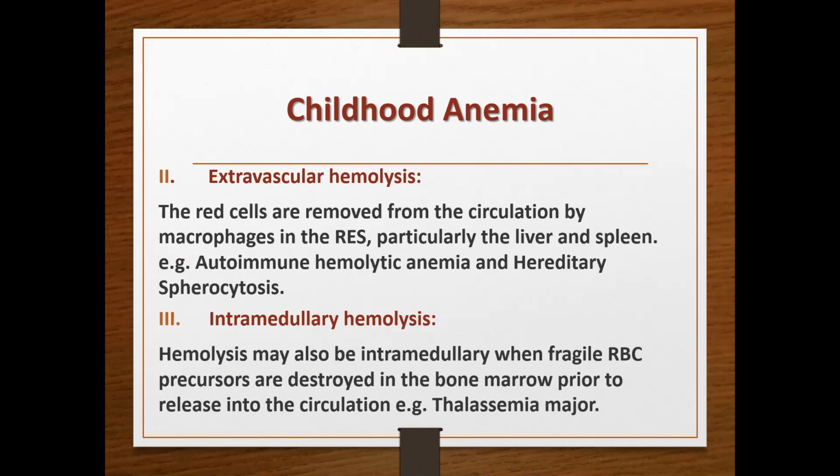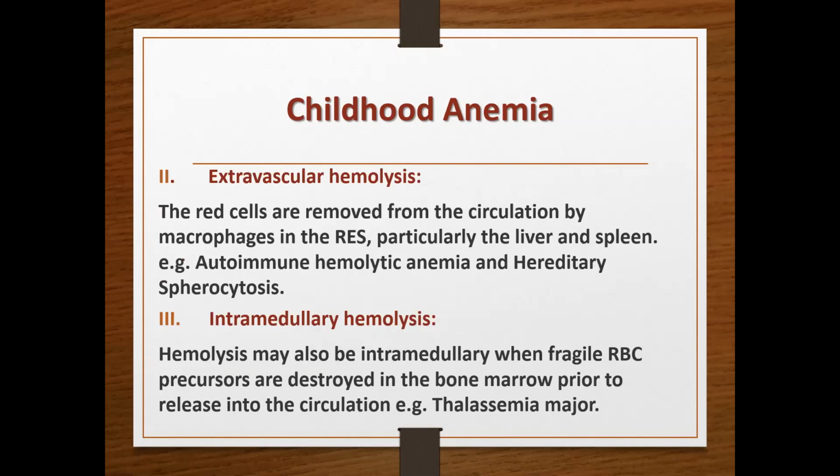Second, extravascular hemolysis. The RBC here are removed from circulation by macrophages of the reticuloendothelial system, mainly liver and spleen, where they are destroyed. For example, autoimmune hemolytic anemia and hereditary spherocytosis.